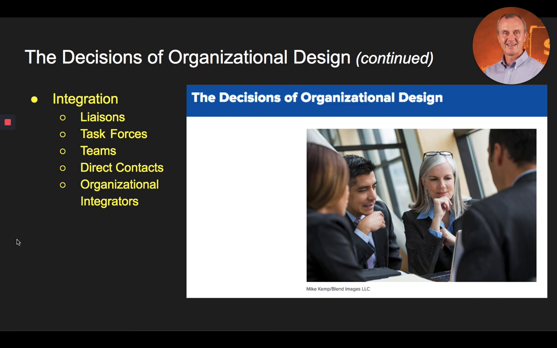When designing an organizational structure, a company's management team must make specific determinations about every department and business unit within the organization.